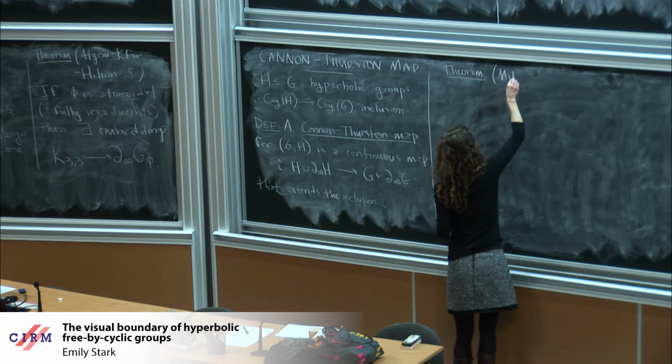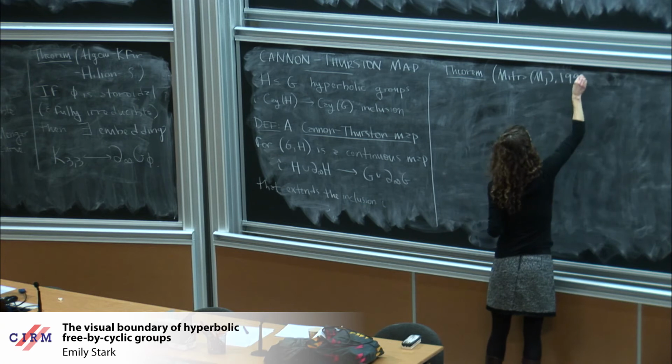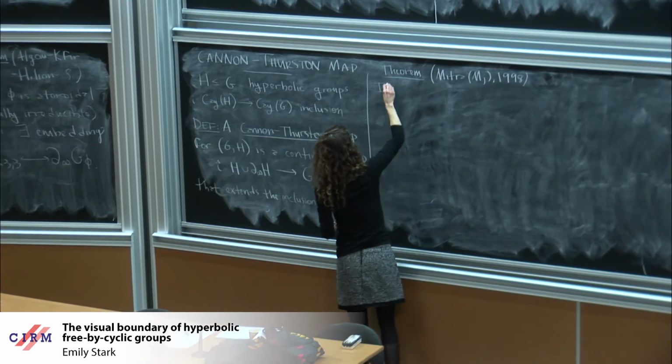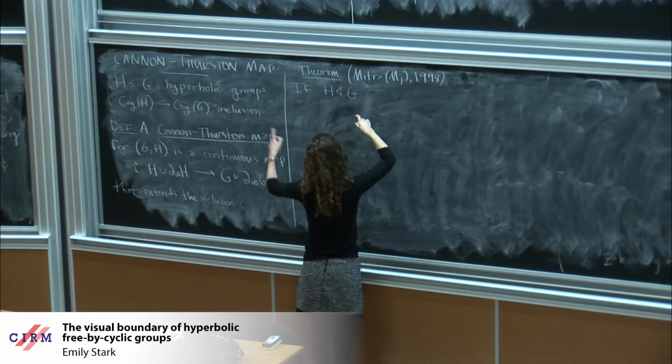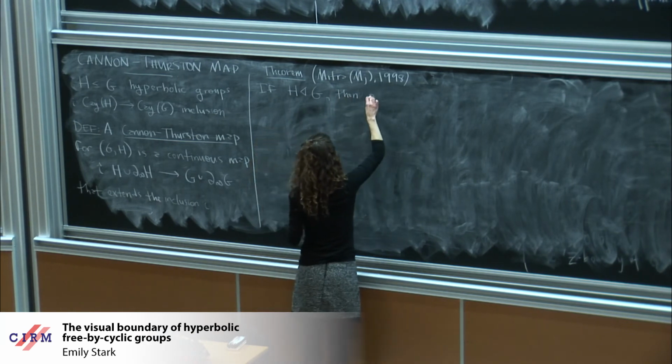Mahan Mj, then Mitra, greatly extended the work of Cannon and Thurston to prove that if H is a normal subgroup of G and H and G are hyperbolic, then a Cannon-Thurston map exists.